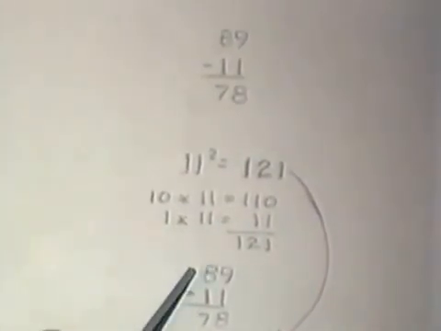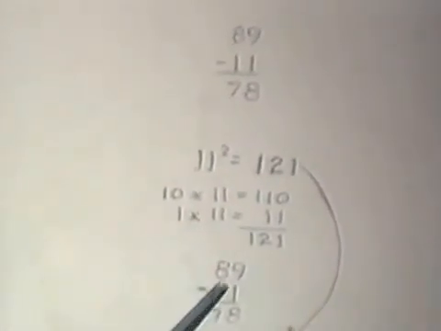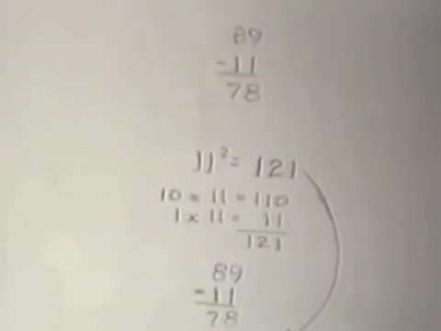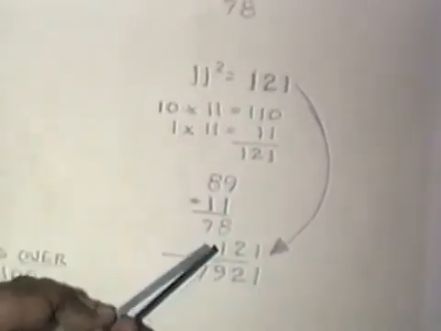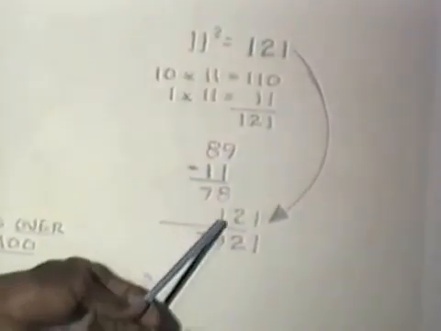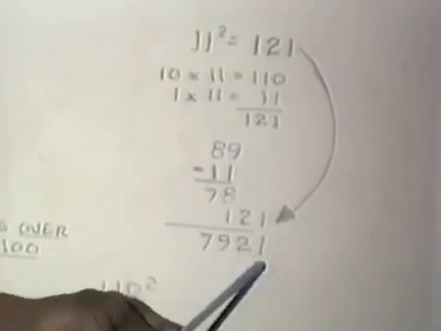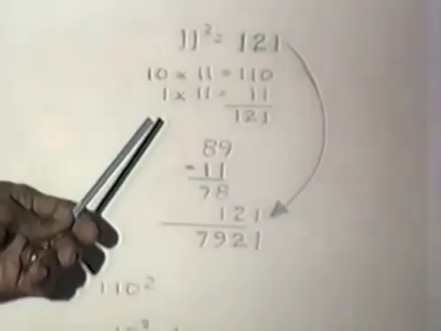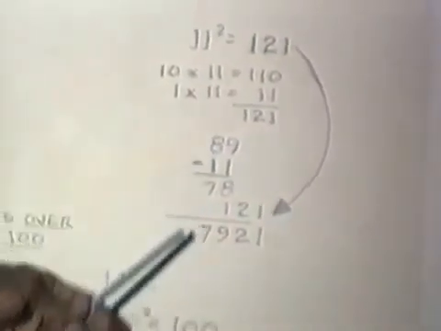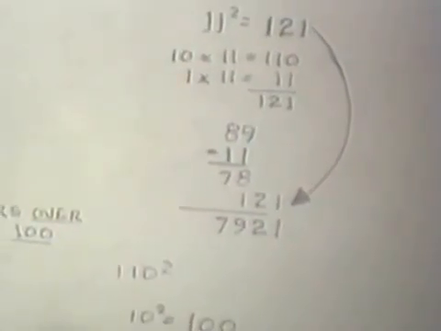So we found the difference between 89 and 100, which was 11. We subtract the 11 from 89 and got 78. Then we squared the 11 and got 121. So we add the 121 to the 78 and we get 7,921. What is the square of 89? 7,921. That's for numbers less than 100.